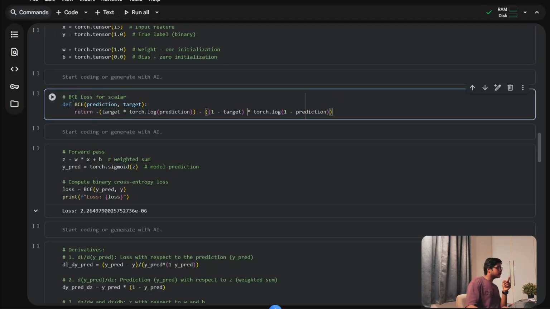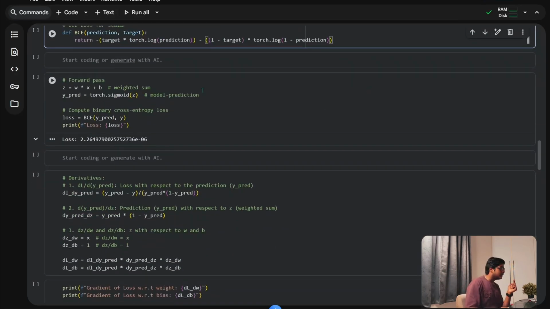So I've coded this loss function which takes my prediction, which is my y hat, and takes my target, which is my y. It calculates minus y times log of y hat minus 1 minus y times log of 1 minus y hat. So that's the formula of BCE which I've shown earlier, and this is the code for it.